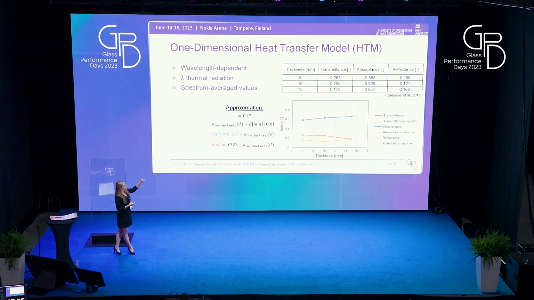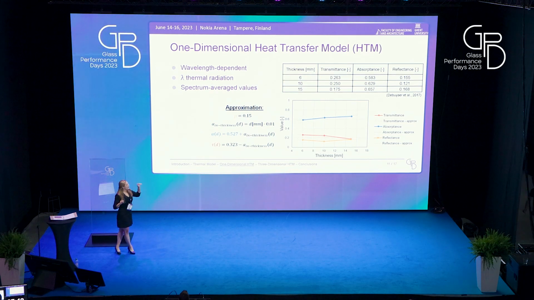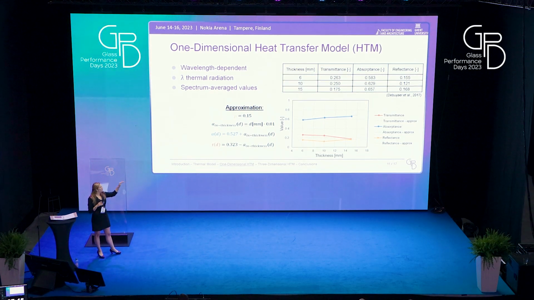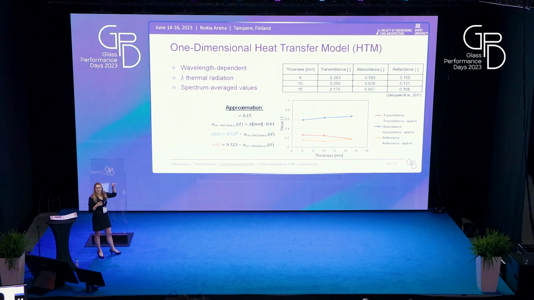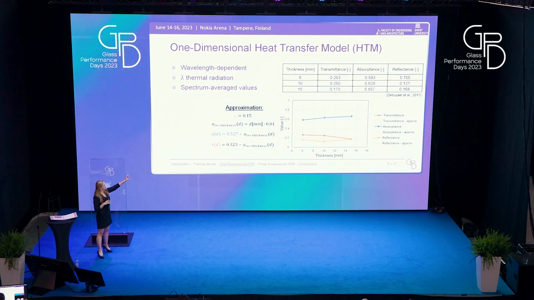Because what can you see from the yellow curve, that's the reflection, it stays more or less the same. But as you can see from the absorptance, the blue curve, it increases with thickness. And on the other hand, the transmittance decreases with the thickness. So you can really see the trend that those 2 are connected.